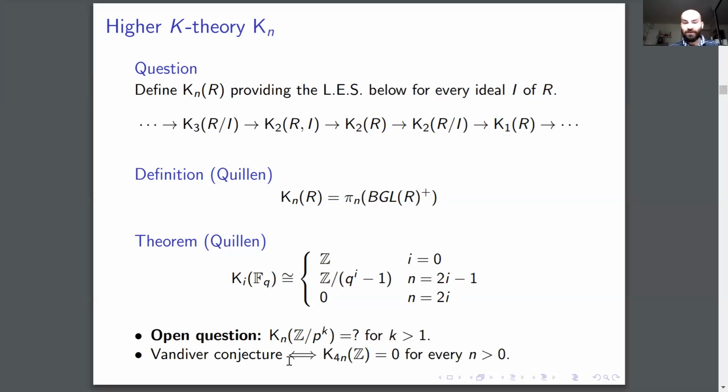But it turns out that this conjecture, which is heavily studied in number theory, happens to be equivalent to this homotopy theoretical question. And this is still open too. So this is still a conjecture, and we don't know all the algebraic K-theory groups of the integers either.